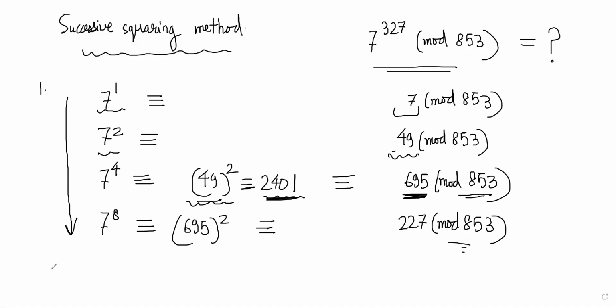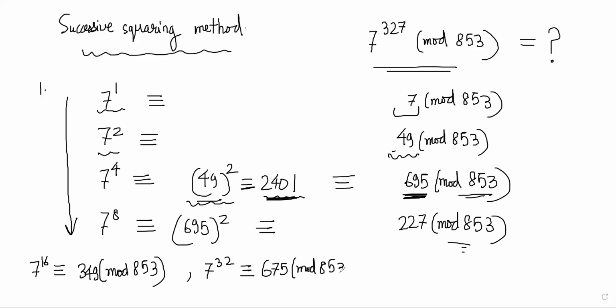I will just give you the values. 7^16 comes out to be 349 mod 853. 7^32 comes out to be 675 mod 853. 7^64 comes out to be 123 mod 853.